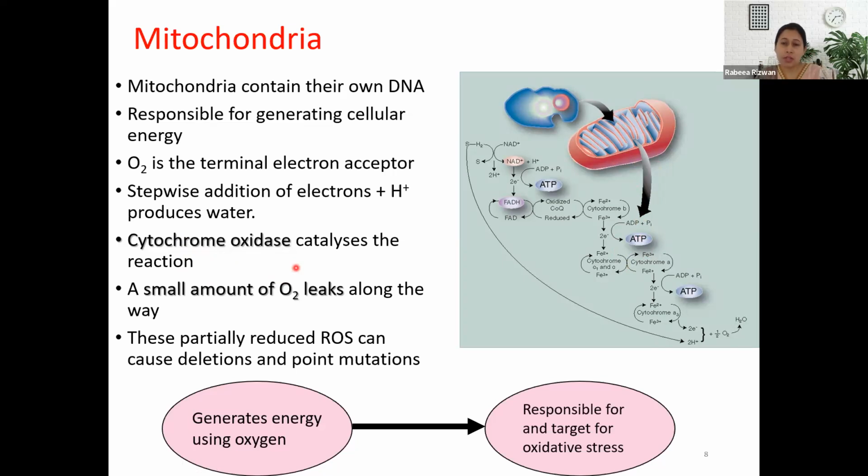During the production of ATP, the process requires oxygen to burn to produce the energy. In this process, however, some amount of oxygen leaks out. And in this way, it acts as a reactive oxygen species that may result in DNA damage. It means it causes some mutations in genes.